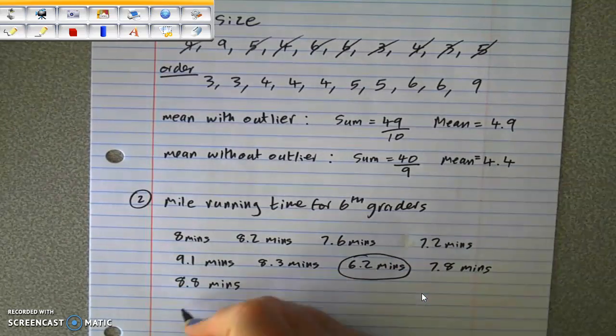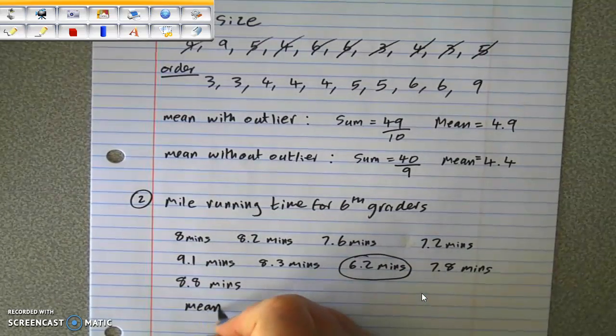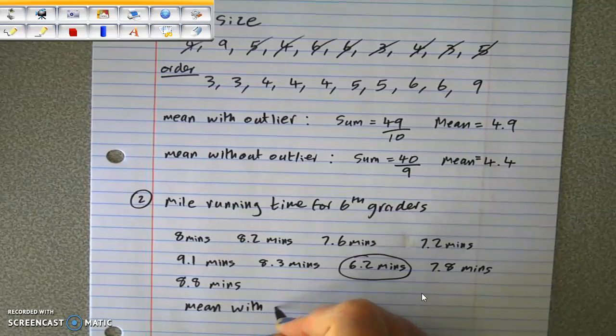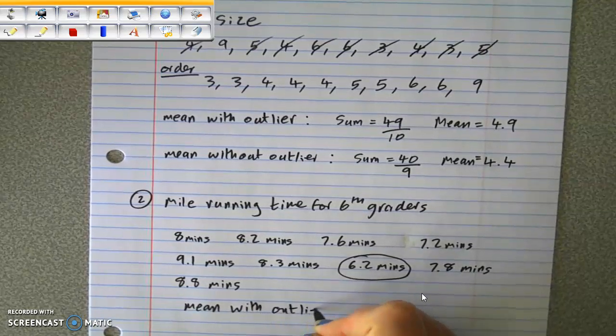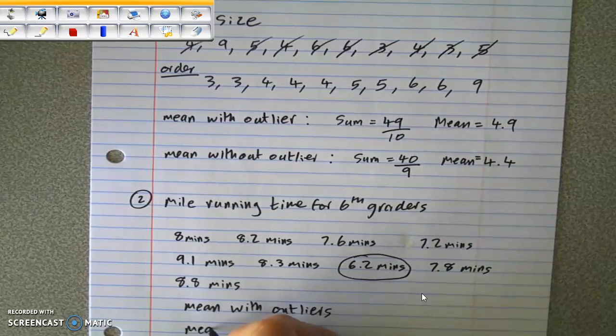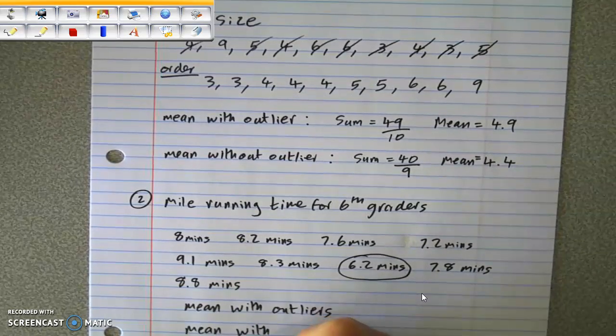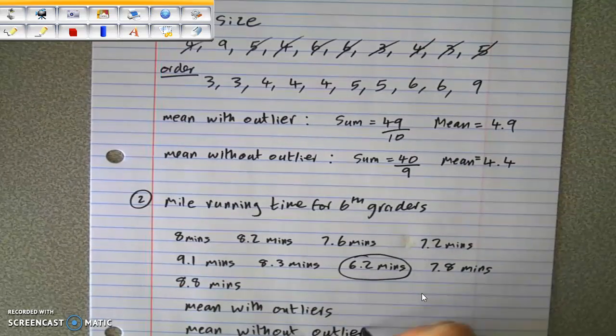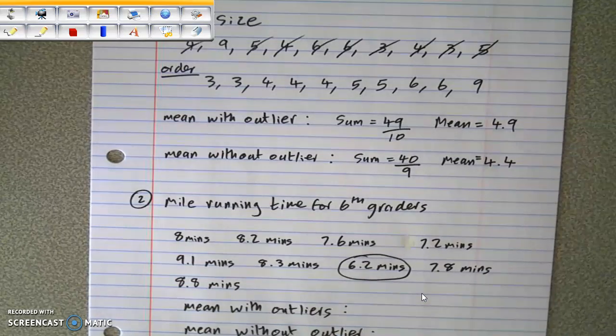When you add them all up, let's look at our mean with the outlier and our mean without the outlier. So let's calculate those two numbers.